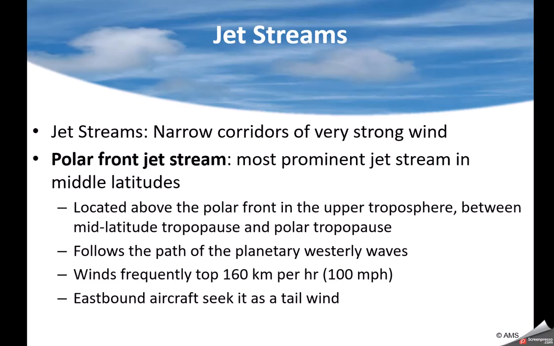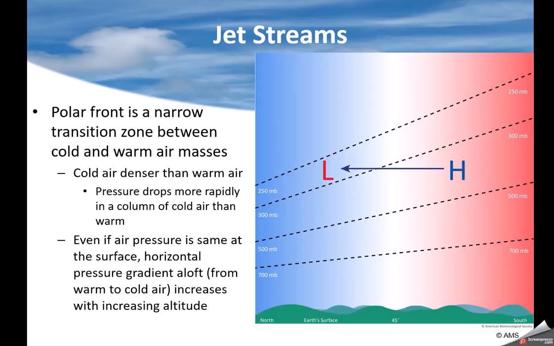The polar jet stream is the most prominent jet stream in the mid latitudes. So how does a polar jet stream form? Well, we learned pressure drops faster in cold air. So if you're on the cold side of a system, the pressure is going to decrease very quickly. If you're on the warm side, it's not going to decrease as fast.